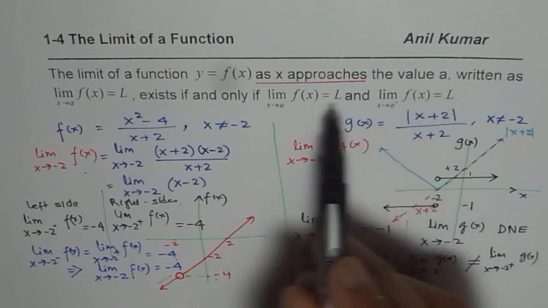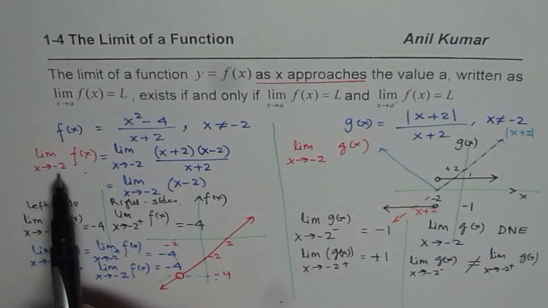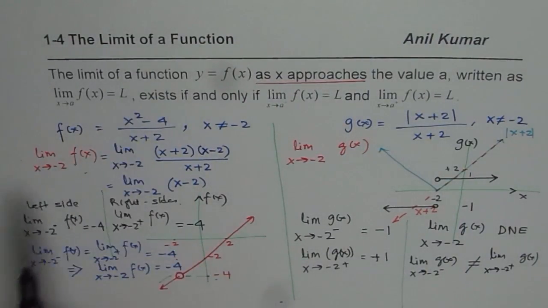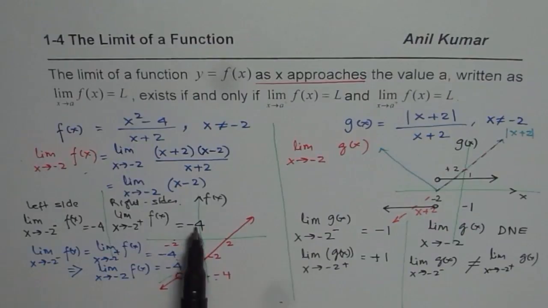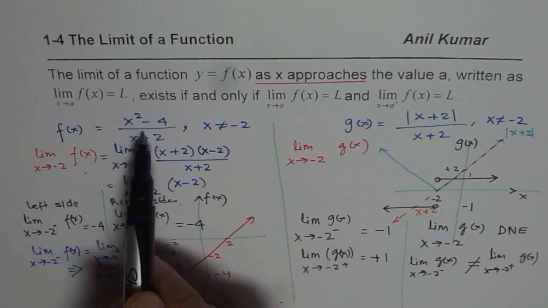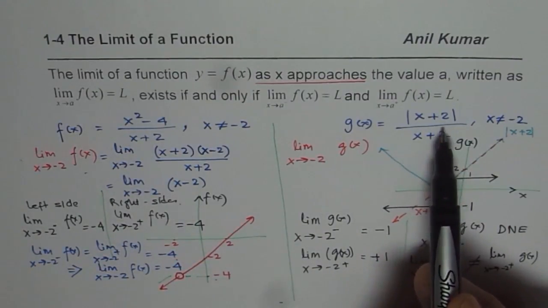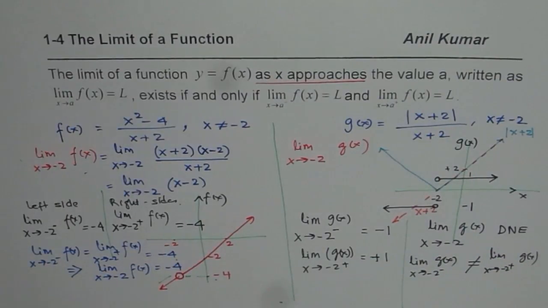So I have written L for the same value. So this is a general statement. In our case, a is minus 2 and L happens to be minus 4 in the first case from both left and right side, and since it was the same, the limit exists for the given rational function, but it does not exist for the combination of the absolute value and the linear function as shown.